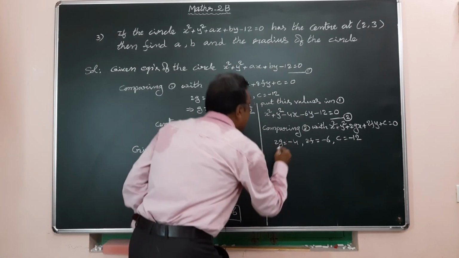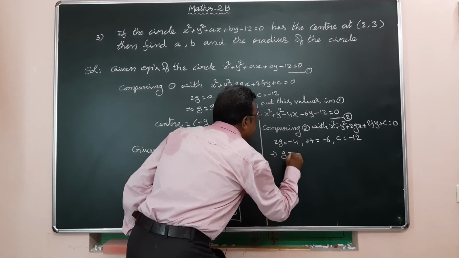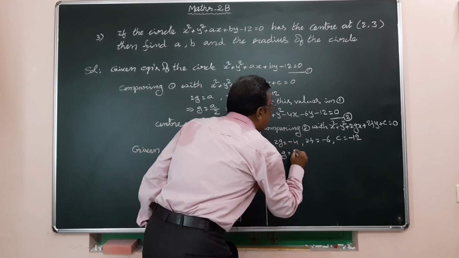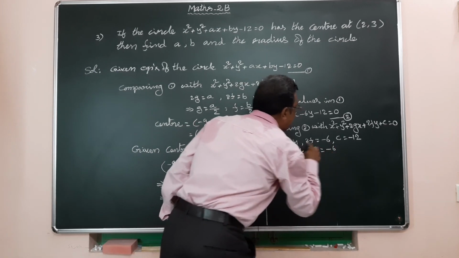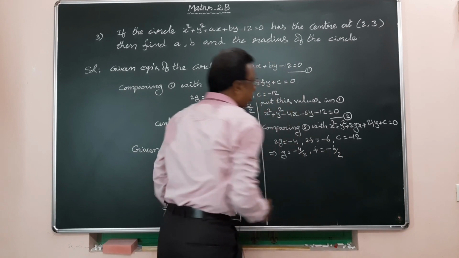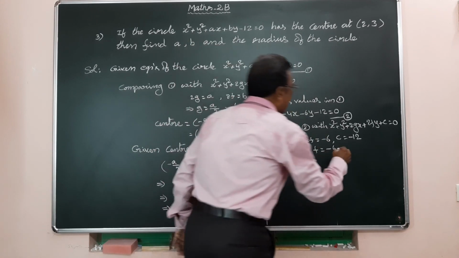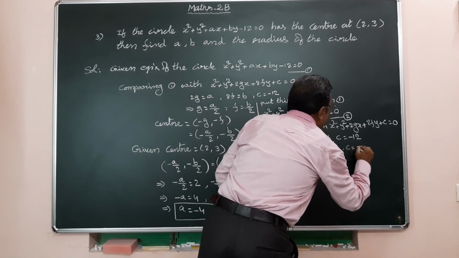That implies g equal to minus 4 by 2, f equal to minus 6 by 2, c equal to minus 12.